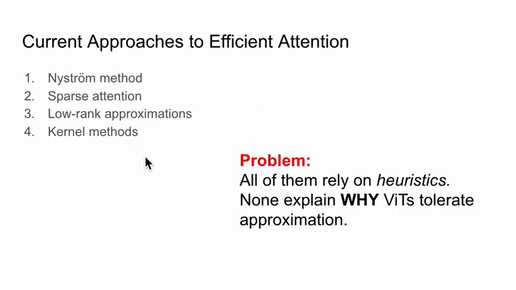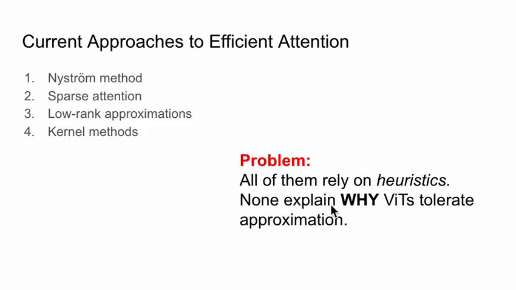All current models, Nystrom, sparse patterned, and kernel tricks, choose approximations based on an assumption: low rank, sparsity, locality, and smoothness. But none prove that attention actually has these properties in real ViTs.